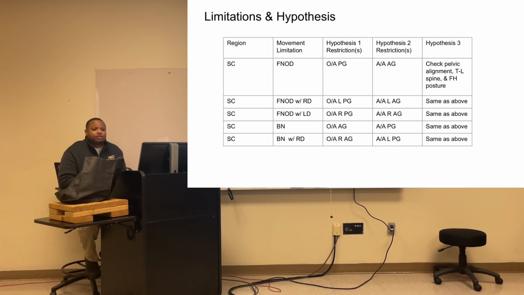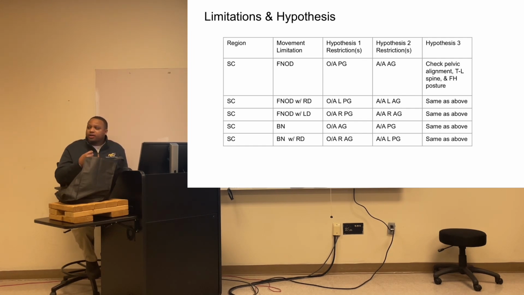Now, hypothesis 3 informs us to check the pelvic alignment, thoracolumbar spine, and forward head posture. Why is that? If someone has a pelvic malalignment, that can work its way up the biomechanic chain, so there's going to be some type of malalignment or curvature of the thoracolumbar spine.